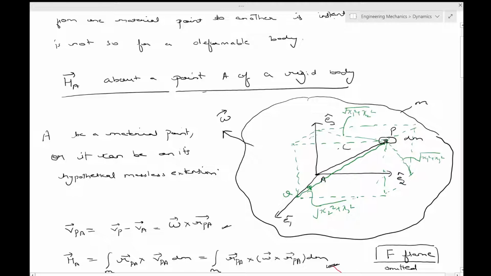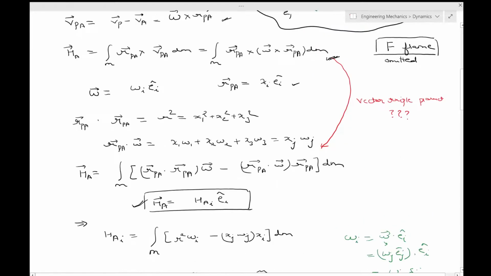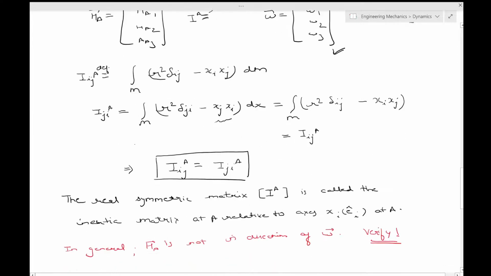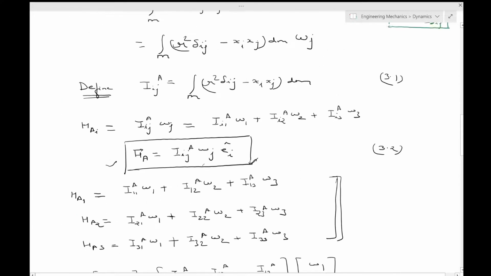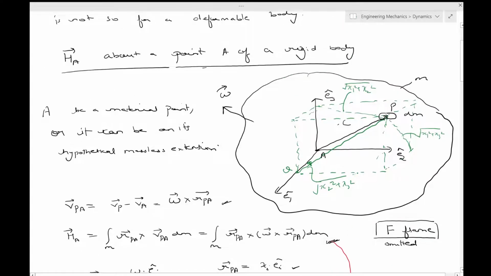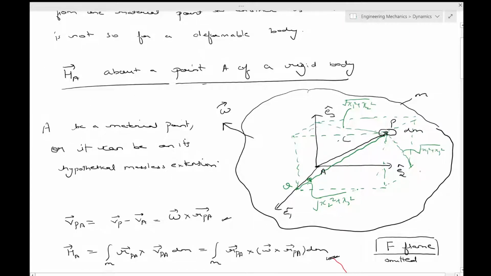That's why when we were writing I11, it is x2 square plus x3 square, which can be written as PQ whole square dm. So you can look at this distance PQ. I'm not showing the other points, but I hope you can get the idea. This will be 90 degrees, and this will form a 90 degree angle with the E3 axis, and PQ will form a 90 degree angle with the E1 axis.